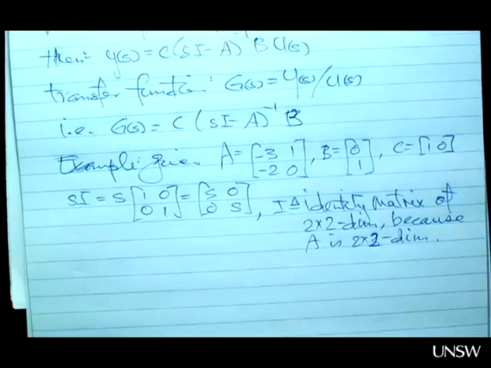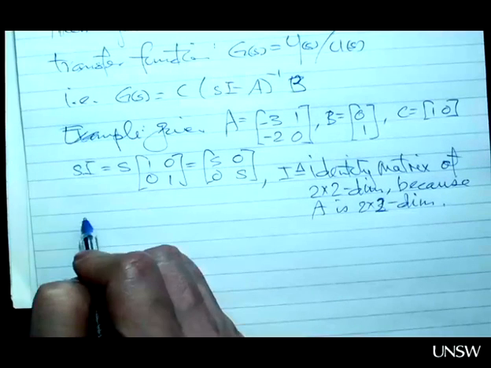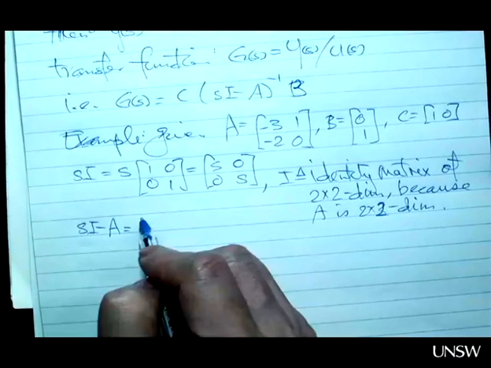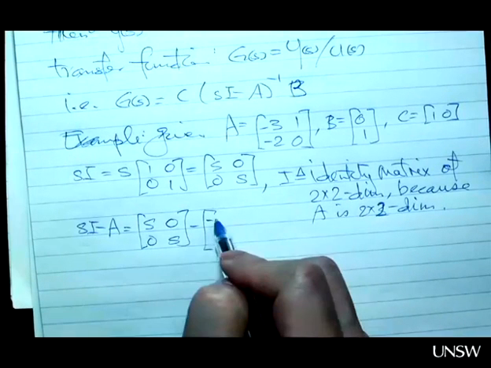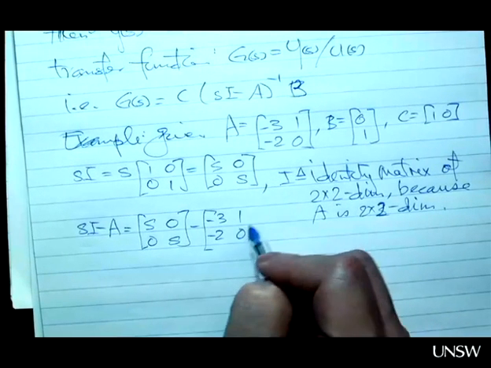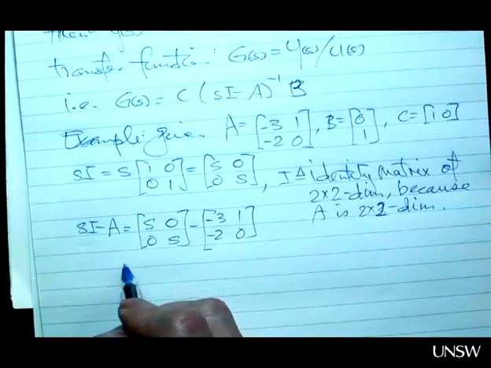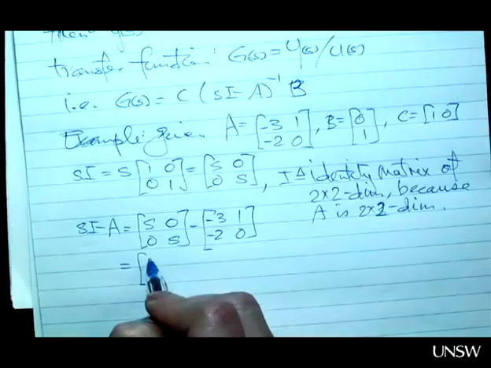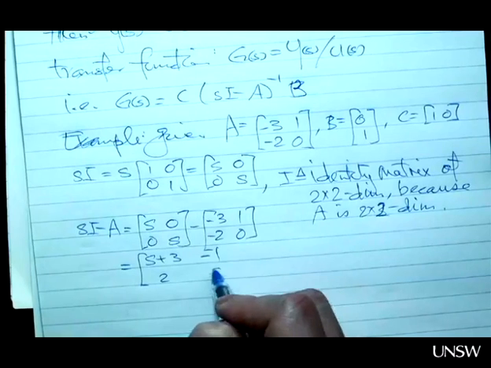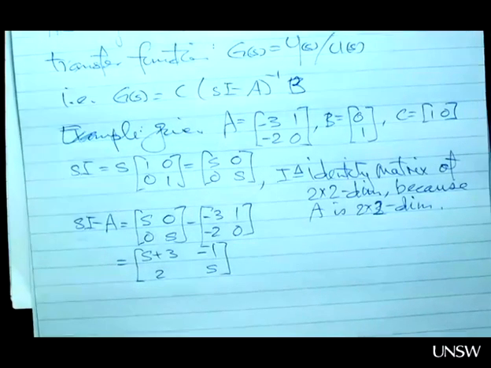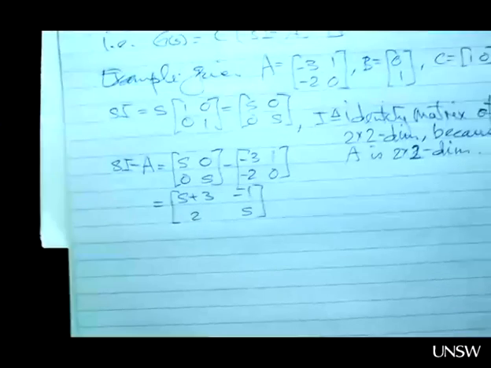The next step is sI minus A, where A is the given matrix in this example. So it equals s plus 3 and 2, then minus 1, and s. Then we continue and find the inverse.